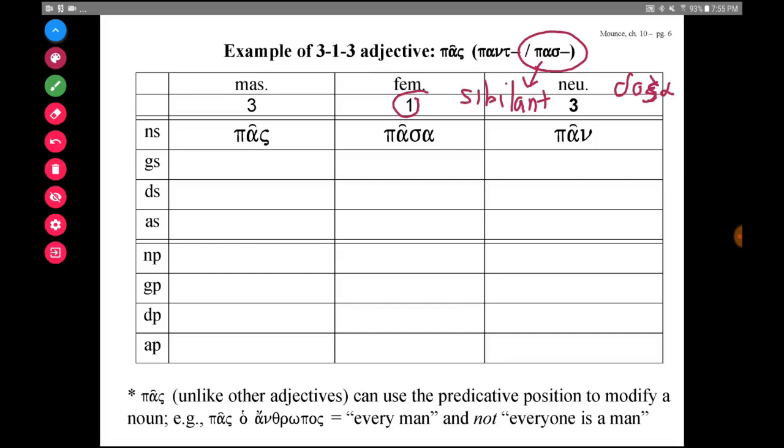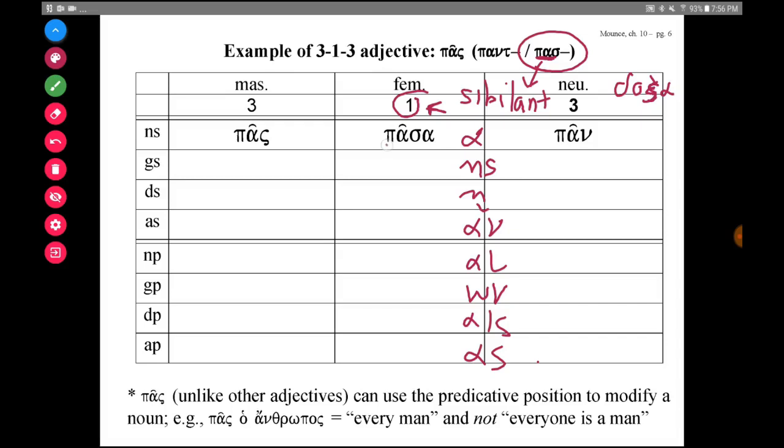So if the stem is pas, and that's a sibilant stem, the case endings for the first declension nouns are a, es, ai iota subscript, an, ai, on, ais, as. And so here, the first declension forms, we don't have to worry about changes to the stem. The first declension form is fairly straightforward.